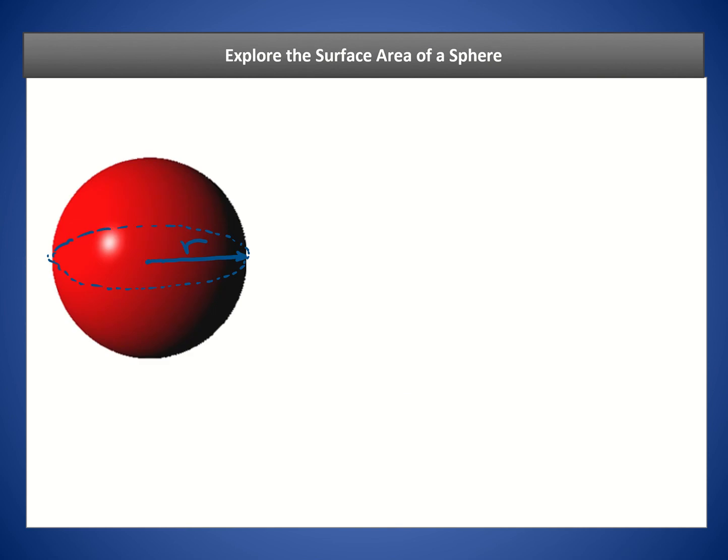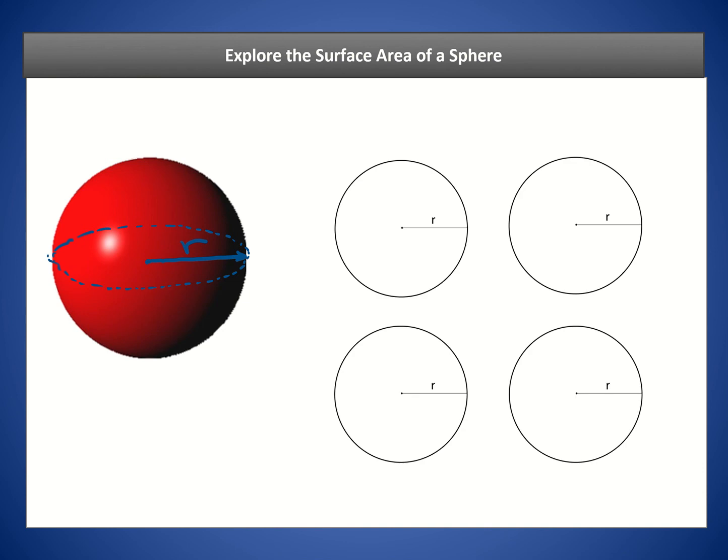Let's explore one more thing. If we were to cover this entire sphere with aluminum foil or some kind of paper, we can take that paper and peel it off the sphere, and it would fill 4 circles of radius r. Now this radius r is based on this great circle. This circle that you see here is called the great circle, which is the largest circle in a sphere, like the equator of planet Earth.